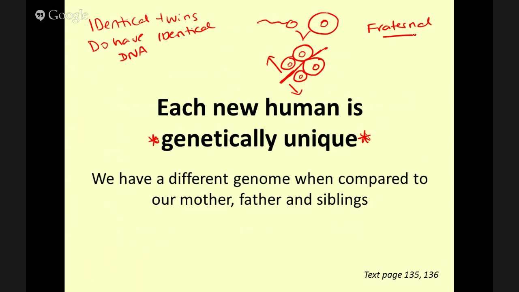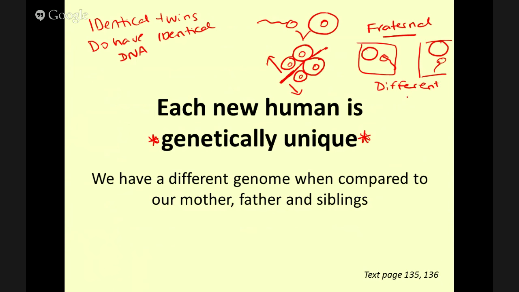In a fraternal twin case, the female releases 1 egg from the left ovary and 1 egg from the right ovary, and then they both get fertilized by different sperm. And then this makes 2 different individuals who have very different DNA. So fraternal twins are twins who are not identical. They have different DNA. But identical twins are the one exception to the rule, and they do have identical DNA.